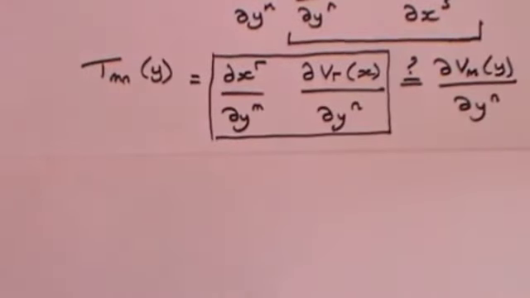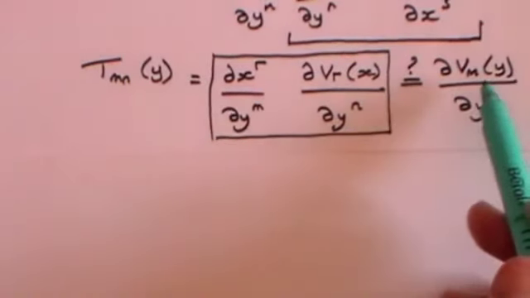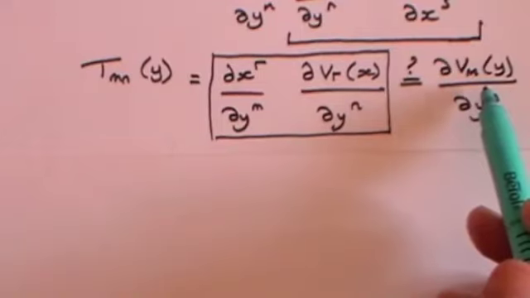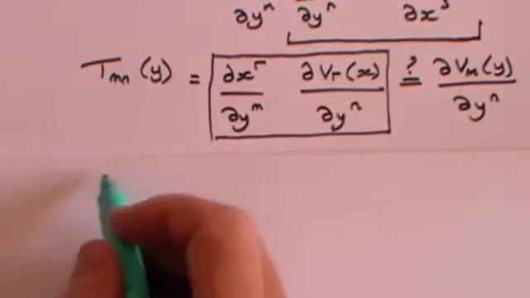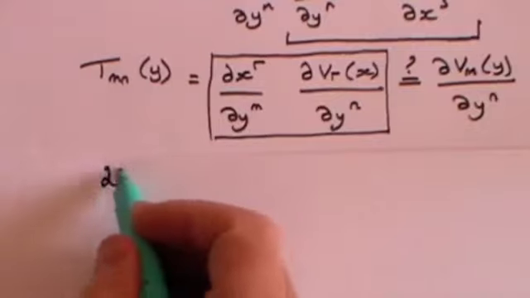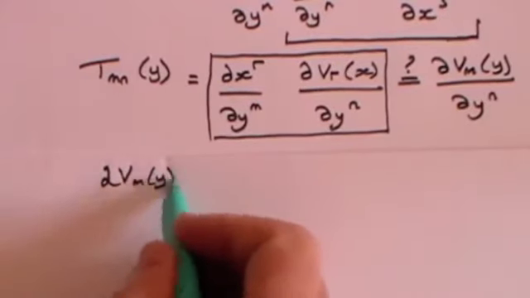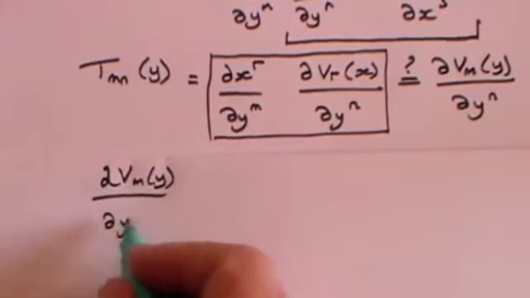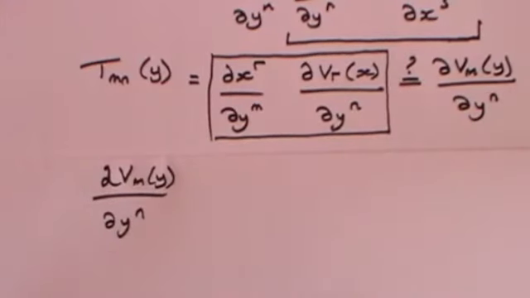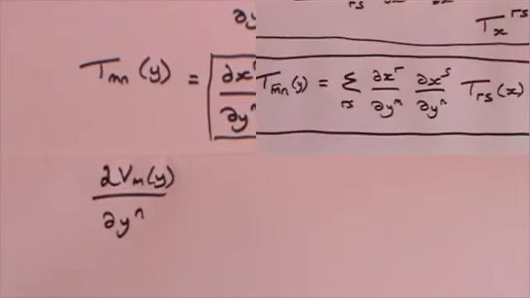Well, what is this term dVm by dyn? Let's just write that out, dVm by dyn. I'm going to use equation 5, which is actually a tensor term, but remember, tensors you can reduce to vectors just by dropping one of the indices.